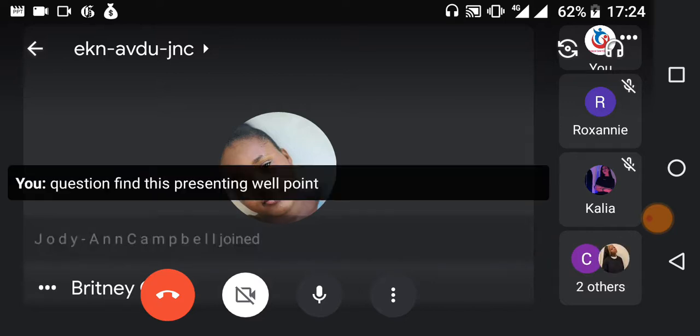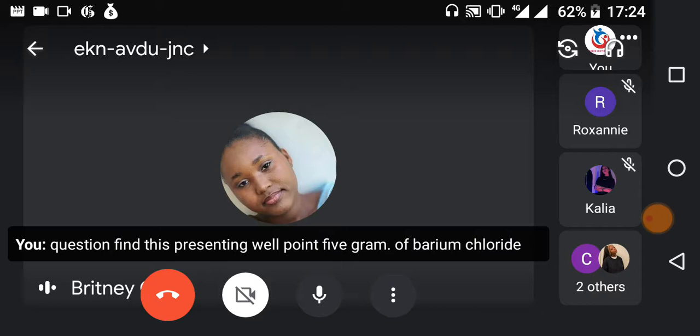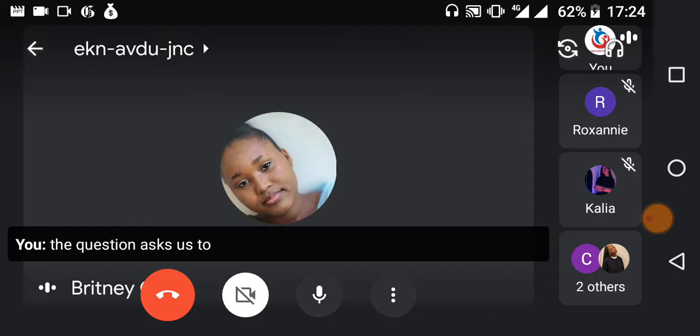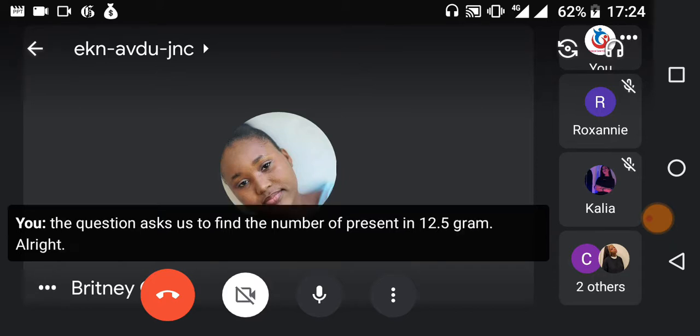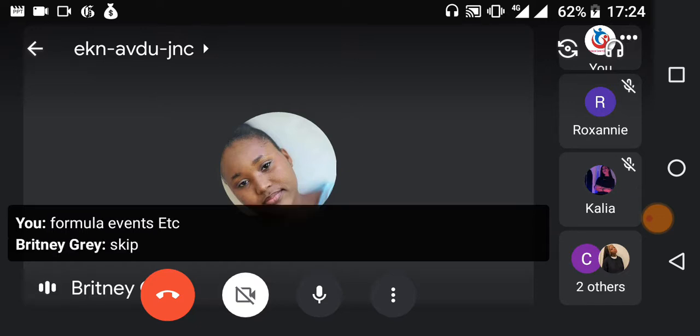The formula is given mass over molar mass. Make sure you write down that formula. Given mass over molar mass equals number of moles.